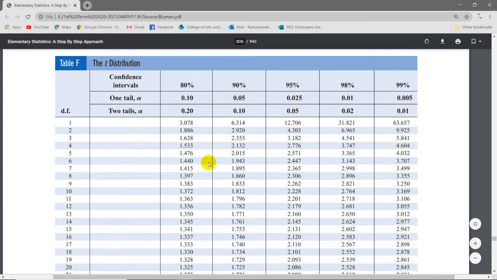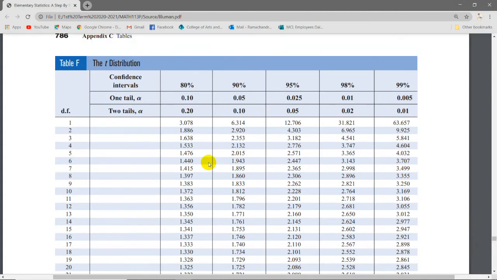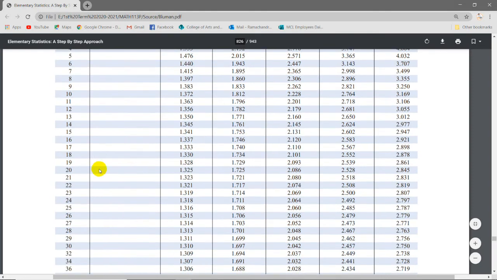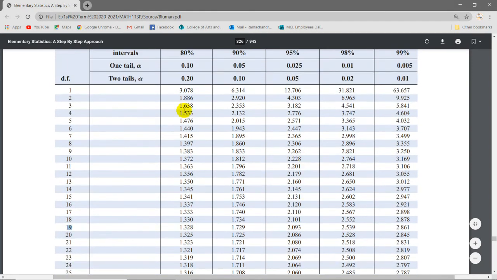The t-distribution table that I'm using looks like this. Other tables only have one tail, so if that's the case, you need to divide the alpha level by 2 to get the two tails. In our example, the degrees of freedom is 19, and it's a two-tailed test, so I'm going to refer to this column.